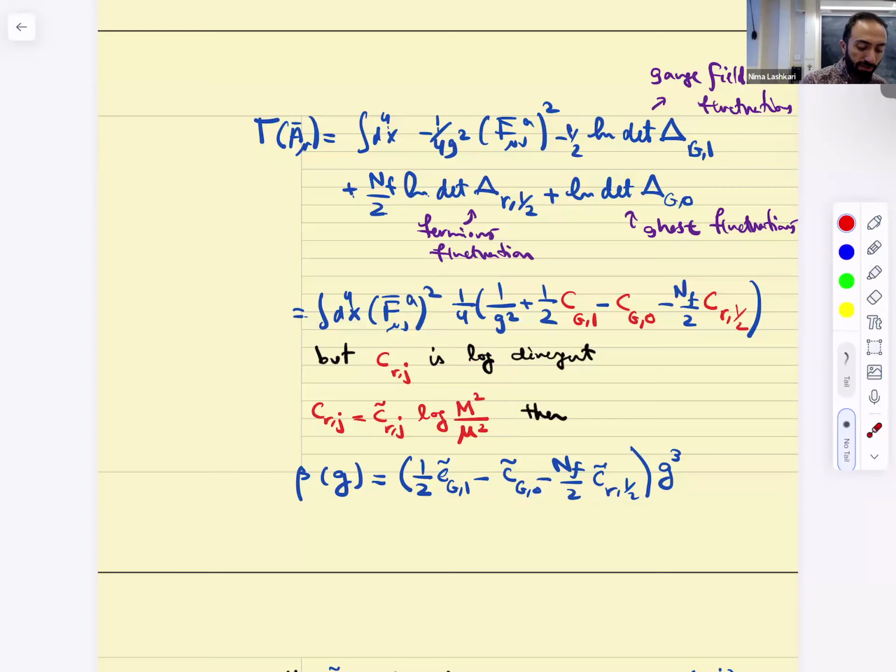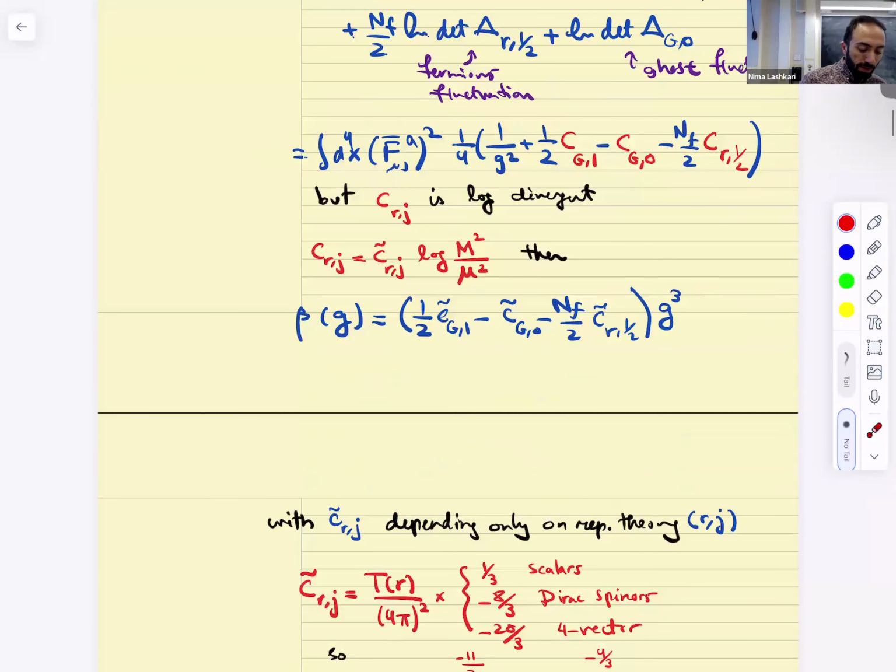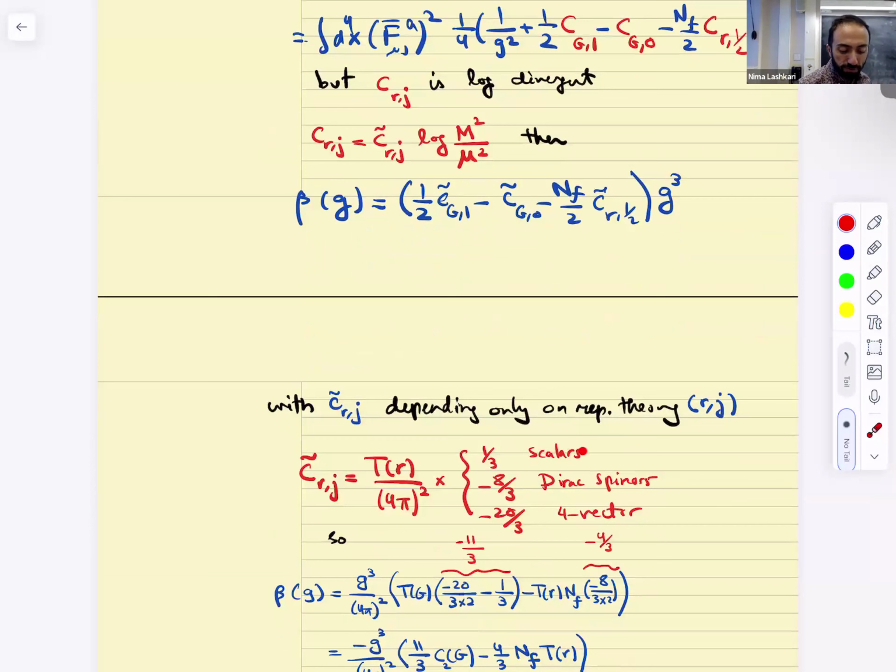So this is the form of the beta function. These coefficients can now be calculated just based on representation theory, and they have been calculated for spin J: for scalars, a third; for Dirac spinors, it is -8/3; for vectors, it's -20/3. This is the dependence on the representation.